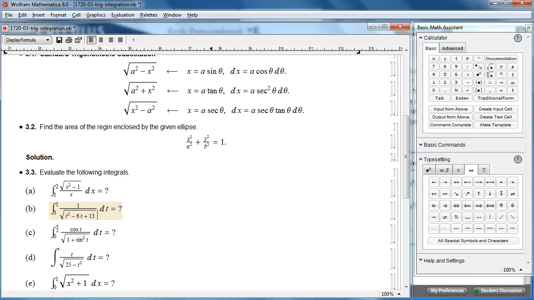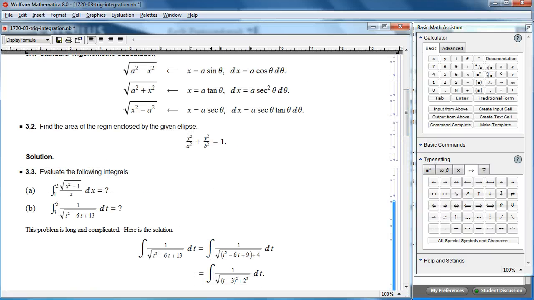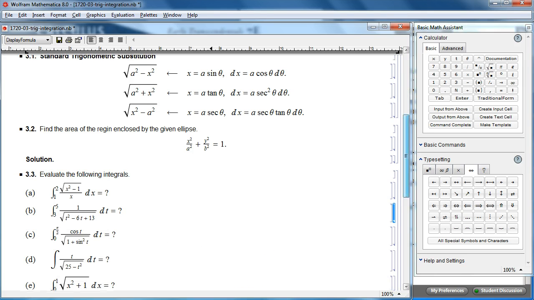So if you use the complete square formula to change that into this form, t minus 3 total quantity squared plus 2 squared, then you can see how to deal with this kind of thing. T minus 3 will be 2 tangent of theta or something like that, and the rest is left to the students.